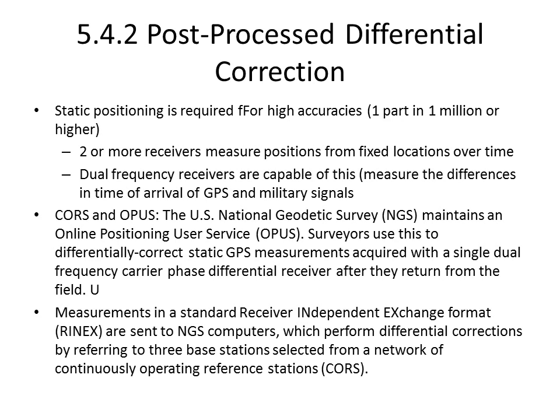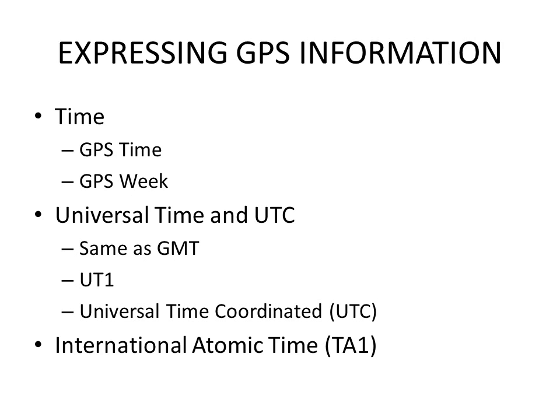Surveyors use this to differentially correct static GPS measurements acquired with a single dual-frequency carrier phase differential receiver after they return from the field. This data is downloaded later. Measurements in a standard receiver independent exchange format are sent to NGS computers, which perform differential corrections by referring to 3 base stations selected from a network of continuously operating reference stations.